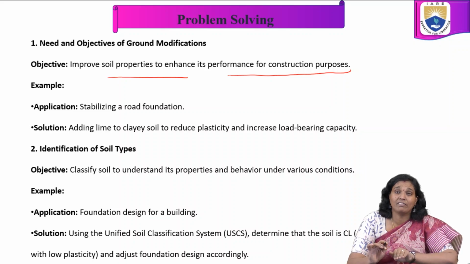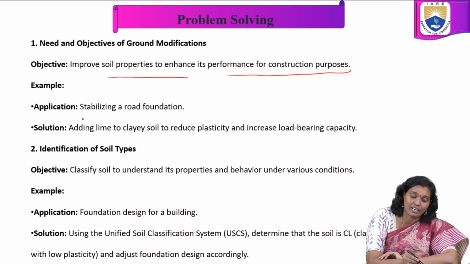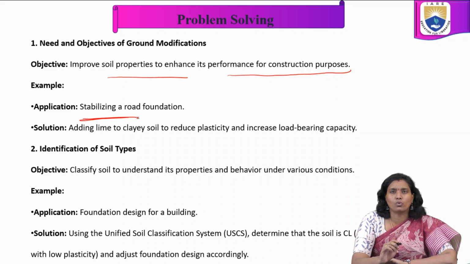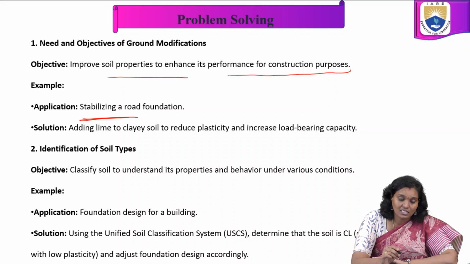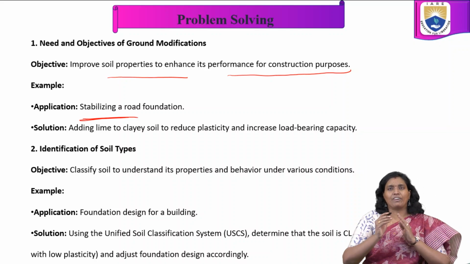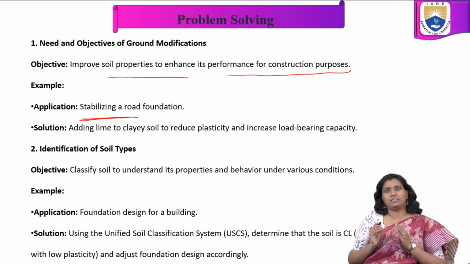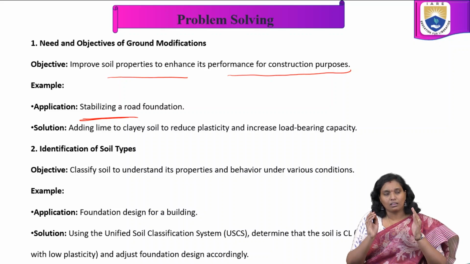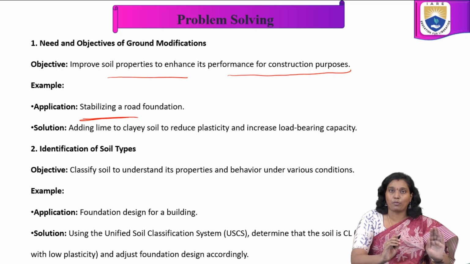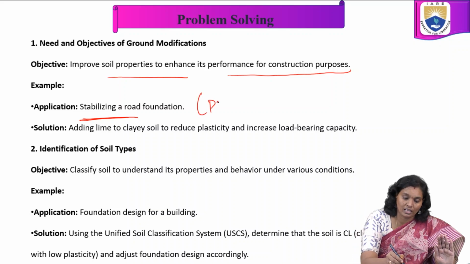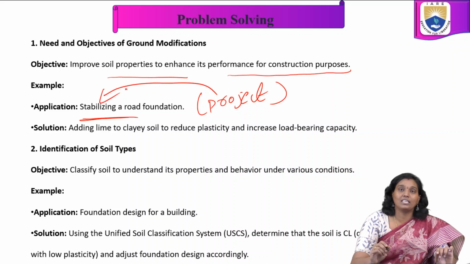Here, where these are applied, it is required for the stabilization of the road foundation. For stabilizing the road foundation, it depends upon the project. We know the project, and also what kind of desired property is required for this.